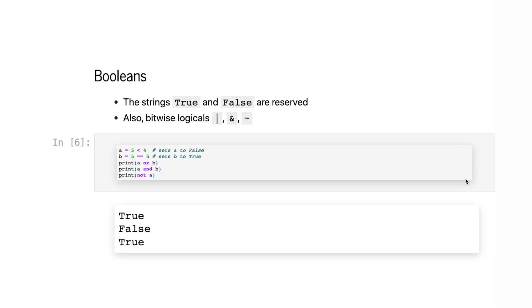So in order to do that, we'll use things like the ampersand, the bitwise logicals, to do that in one statement. So statements like or, and, not written out are mostly used at the primitive level, and when you get into more advanced data science topics, you tend to use the bitwise logicals.